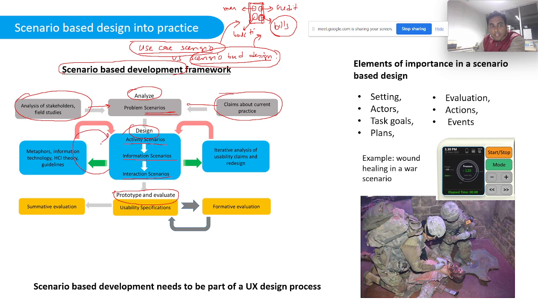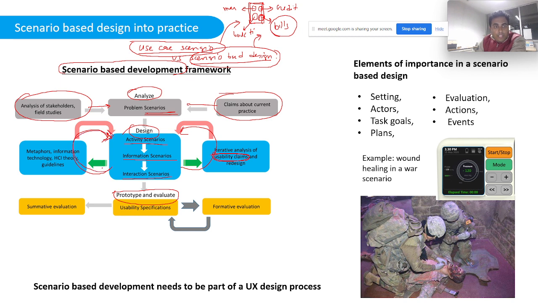We consider the guidelines and theories already available in the literature, and also the real-time data that we gathered during our analyze phase, based on which we develop certain usability requirements and claims, and we try to change the design by including those usability claims or requirements. Okay, and that's how these two processes are iterative.